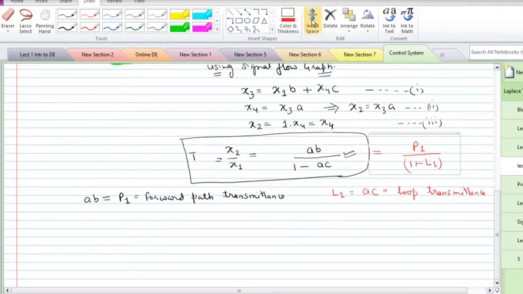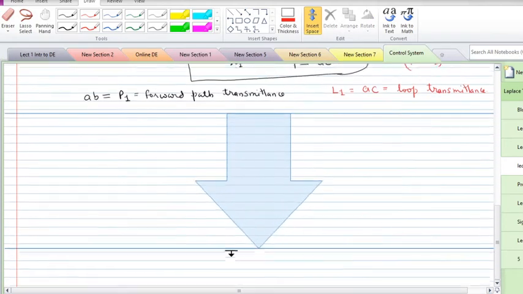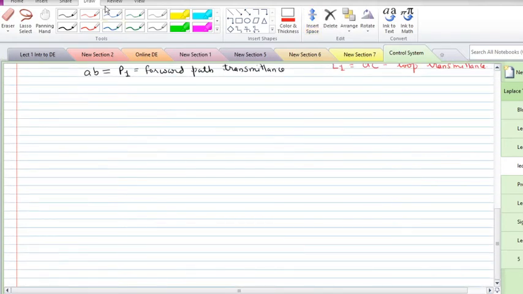Now take another example. Suppose we are having this part and having nodes at this point.